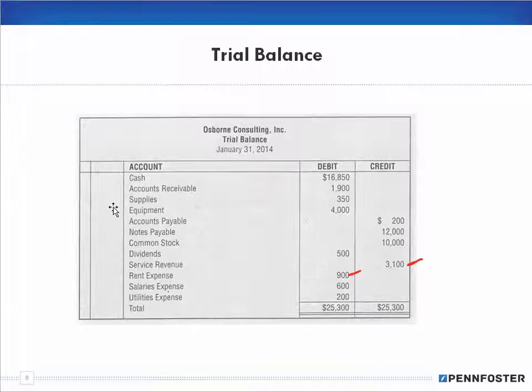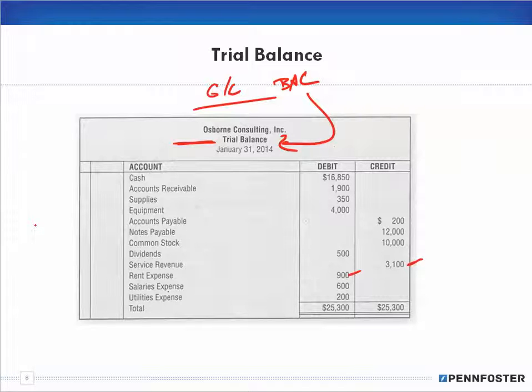In chapter 2, the information was presented. Now we're at the end of the accounting period, and we had posted everything to our general ledger accounts, which allows us to create balances in the accounts and create a trial balance. But in chapter 2, it didn't say what kind of trial balance.